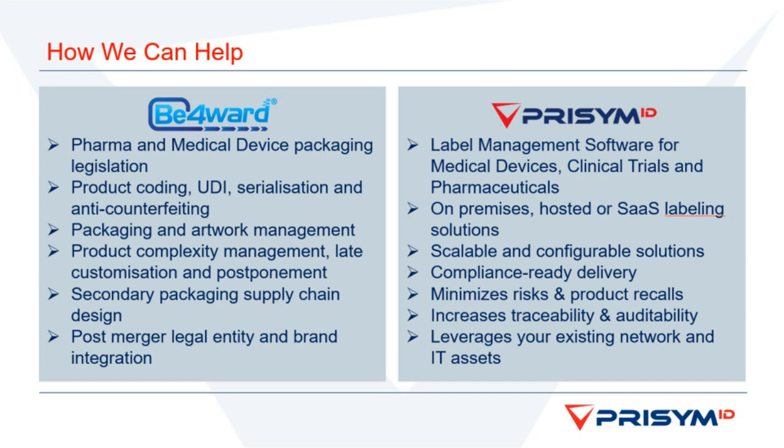Now, within the data that actually goes on your labels, the barcodes themselves must contain the DI and PI components, and they may be contained within a single barcode or multiple barcodes.